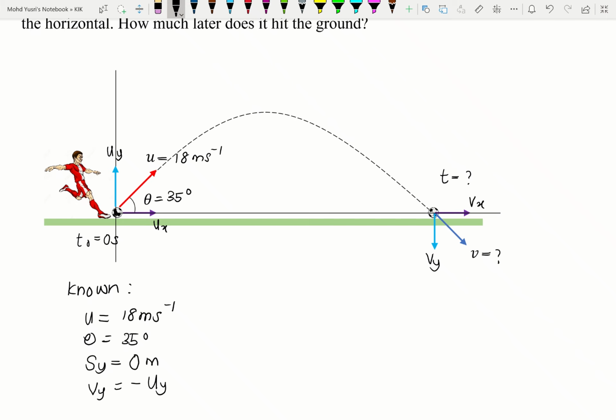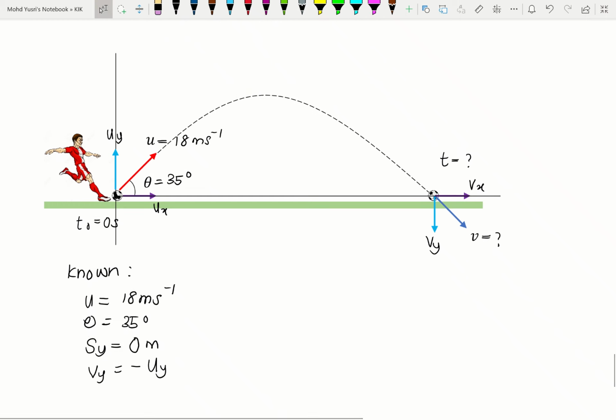From the diagram, we can see that the magnitude of the speed is equal, but vy is downward instead of upwards. Another known value, which is given in the list of constants, is the gravitational acceleration g, which is equal to 9.81 meters per second squared.